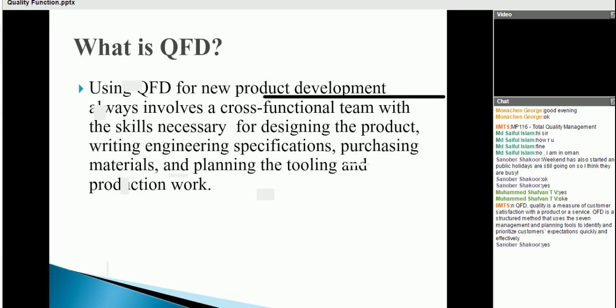We can also say that QFD, quality function deployment, helps the organization transform the customer's needs, the voice of the customer, into engineering characteristics for a product or service, prioritizing each product or service characteristic while simultaneously setting development targets.